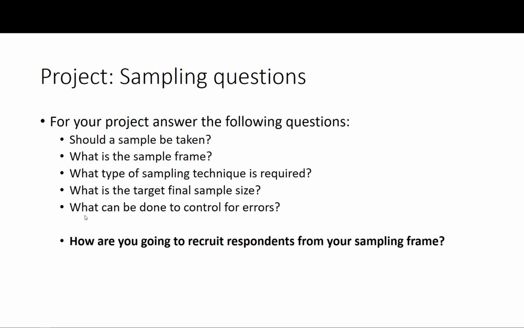Simply put, how is initial contact with potential respondents going to be made? Because that contact method influences the number of people you have access to start with, which then has flow-on effects to the number of people who are likely to complete the instrument.